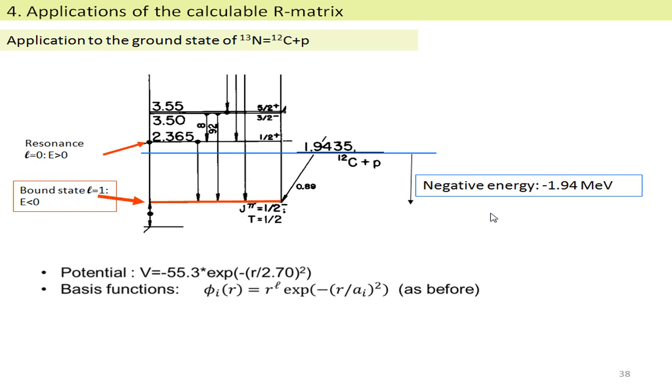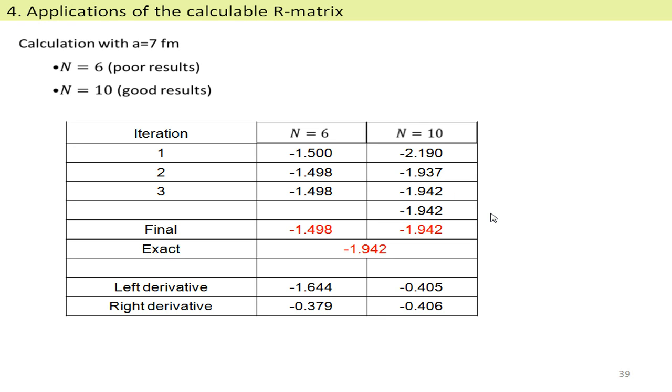And here the potential is slightly different. It should be less deep. This potential reproduces the binding energy here, and the basis functions are again Gaussians. So you can see here the result of the calculation for a channel radius of 7, and there are 2 conditions, 6 and 10 basis functions.